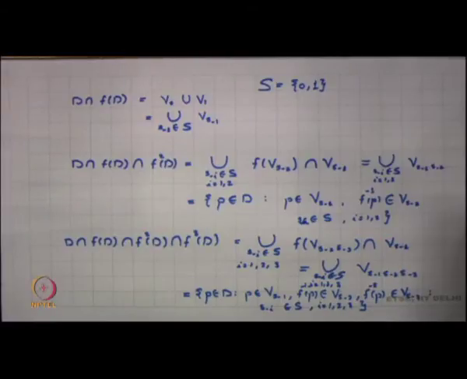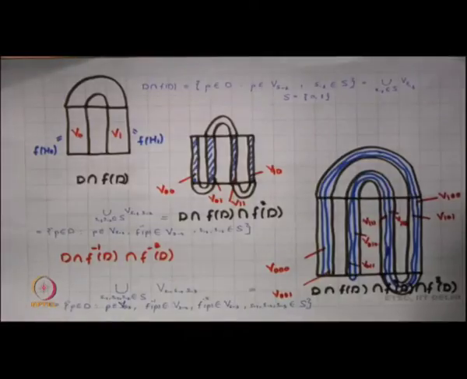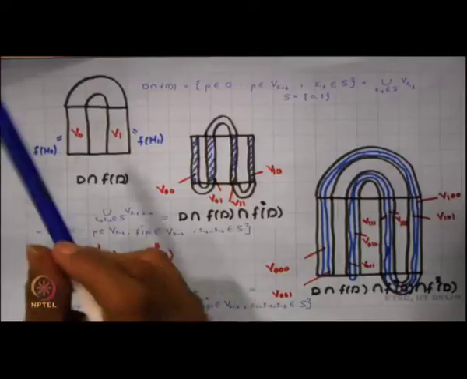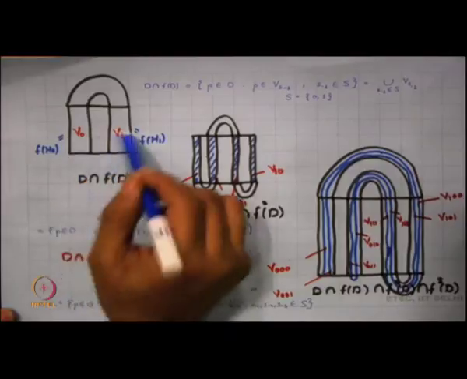Now, recall that we had seen this figure last time, so I am just trying to recall this once again. Let us look at what our action of f is. We had seen that D intersection f of D is this V naught and V 1.